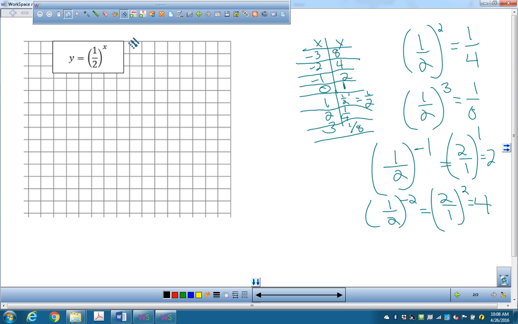Do I ever have any negative values for y? No. So I'm going to make this axis over here the x-axis. I'm going to make this the y-axis. Okay? And the biggest number I have is 8.